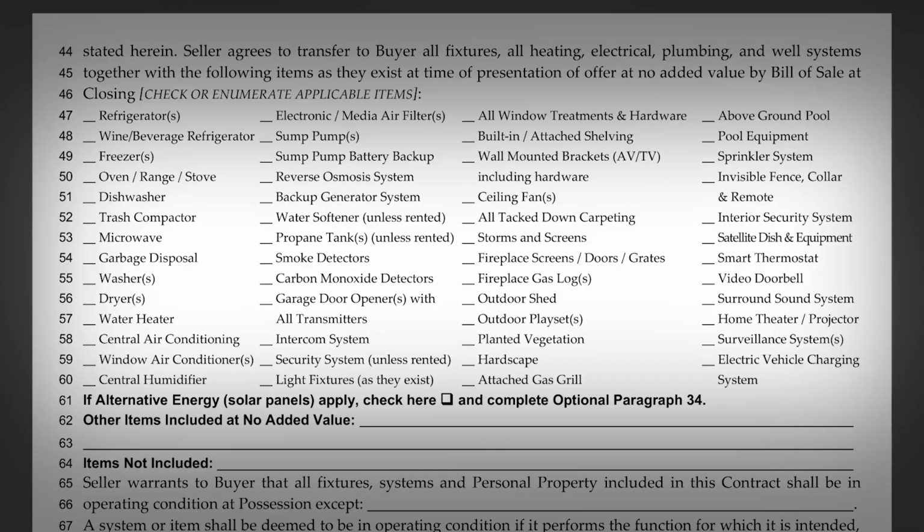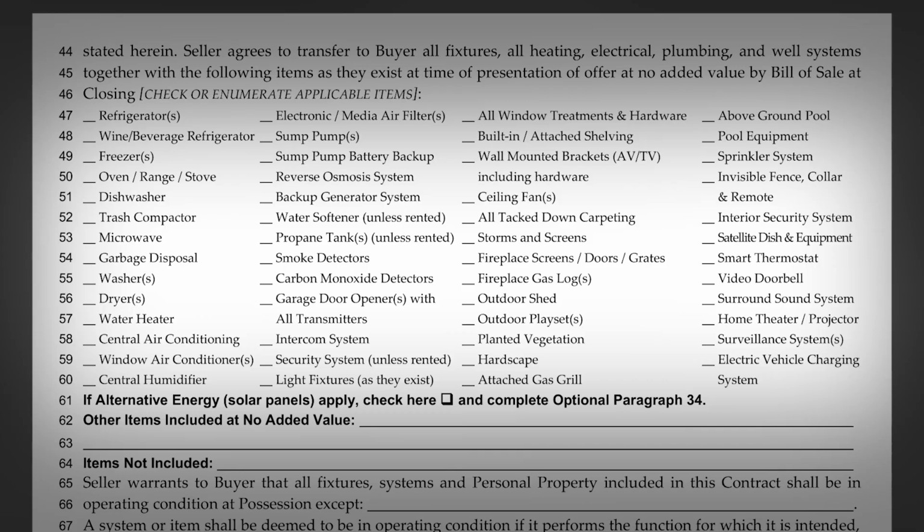So now that we're talking about paragraph 7, they're talking about all the checkbox items. If you fill out the contract in the MLS, a lot of these things will carry forward, just like the 7.0 did. If the oven's there, the check boxes, they'll be there, but always check the check boxes.